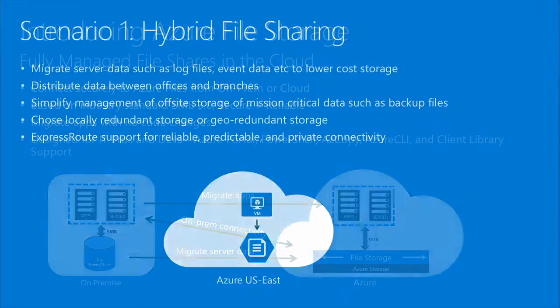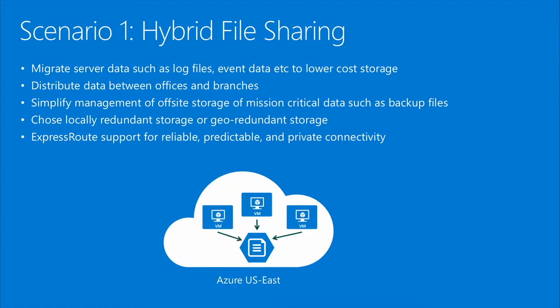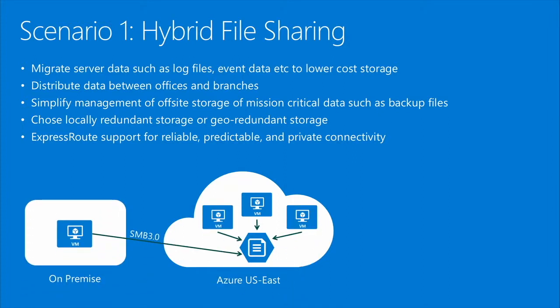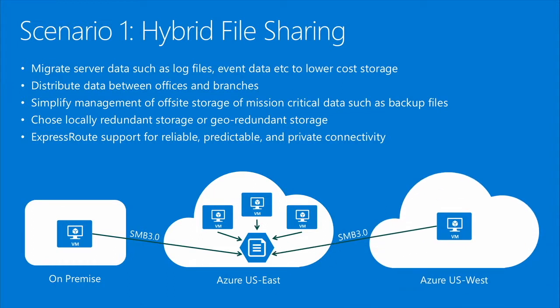Most organizations have a lot of server data inside their data centers. Maybe it's log files, event data, that sort of stuff, sitting on expensive on-premises managed hardware. One of the simplest solutions you can use file storage for is just to move that data to the cloud. Secondly, you may want to distribute this data between offices and branches.